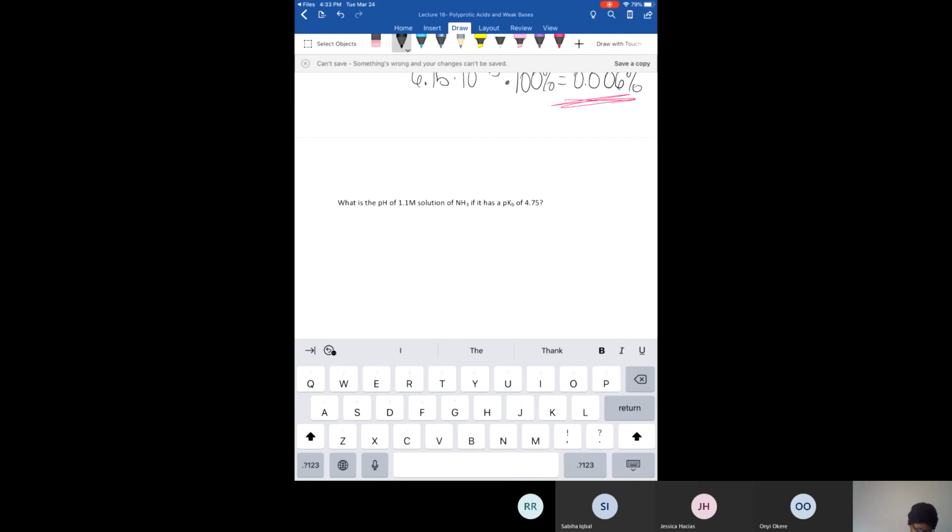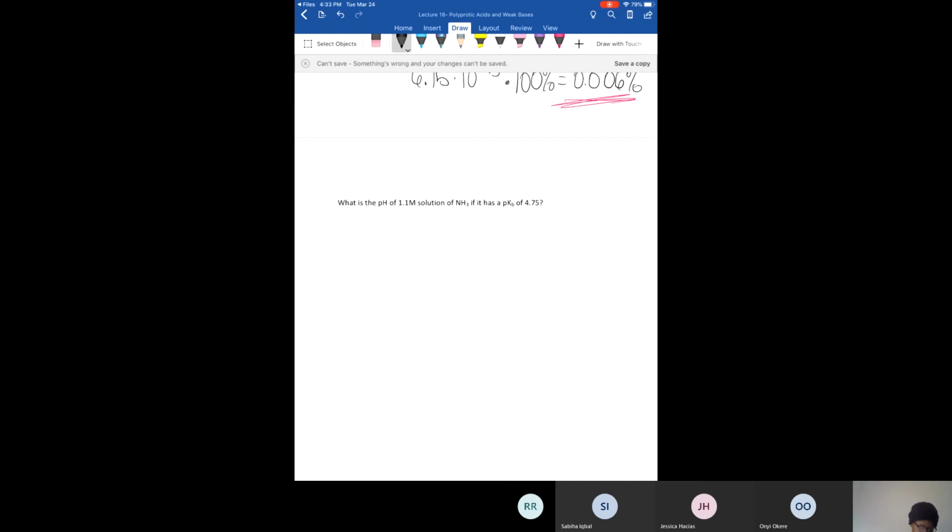What is the pH of a 1.1 M solution of NH3 if it has a pKb of 4.75? First things first, we can figure out what the Kb is, because Kb is more important than pKb in this case. So 10 to the negative 4.75.